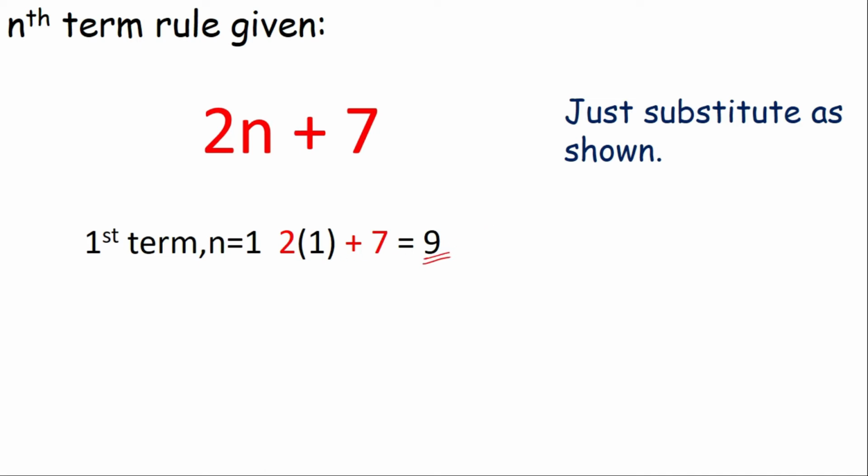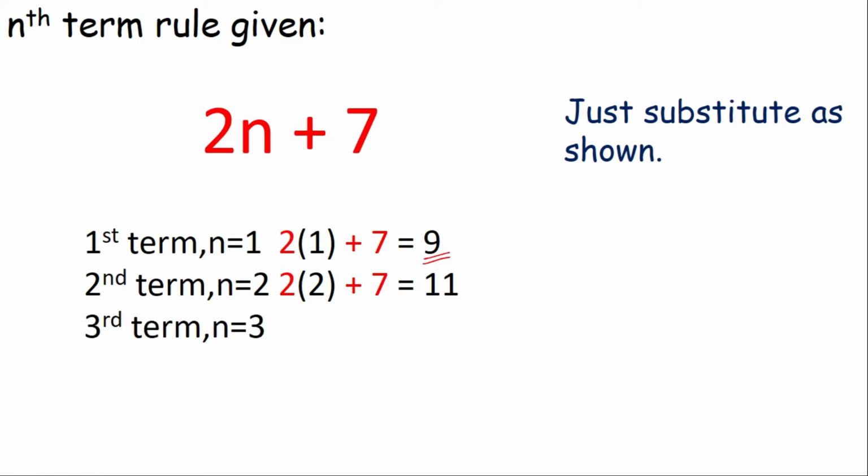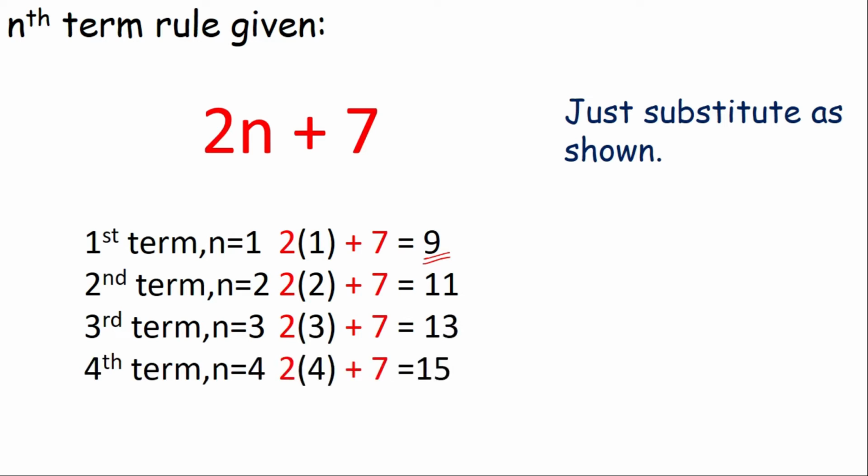If you're asked to find the second term of the sequence, you just substitute n equals 2. So 2 times 2 gives you 4, and 4 plus 7 makes it 11. Similarly, you can find the terms of the sequence by just replacing the value of n.